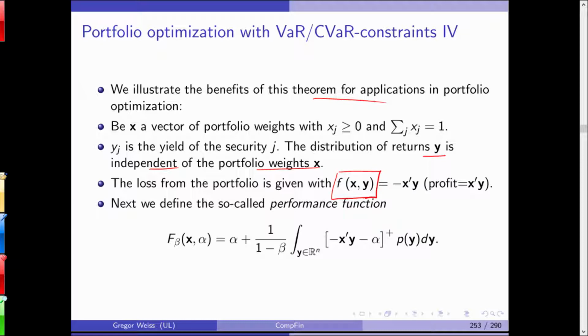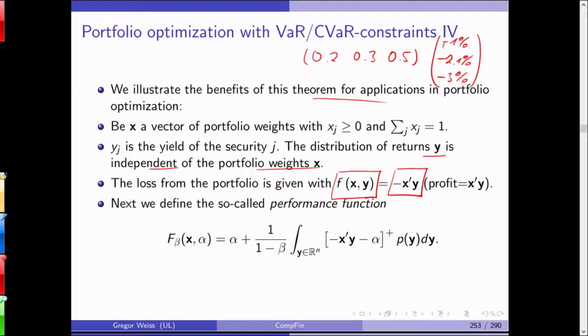You insert the portfolio weight vector x and the vector of returns y. If you take, for example, minus x transposed times y, it will look something like this. Then you see that you get a portfolio return, or a portfolio loss, as a result of this function f.